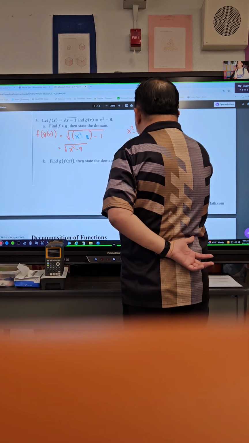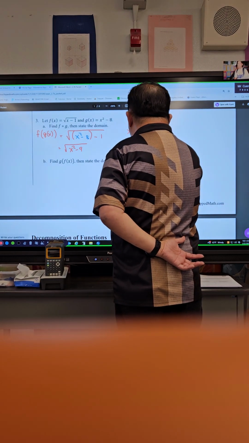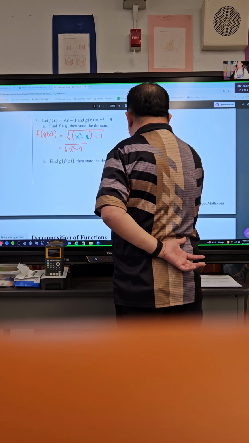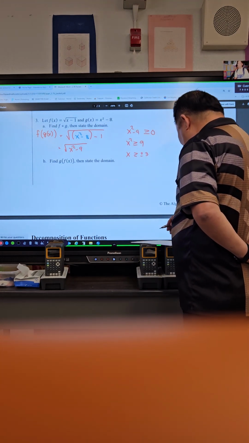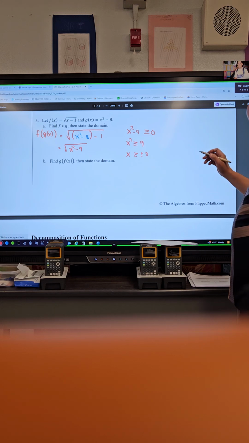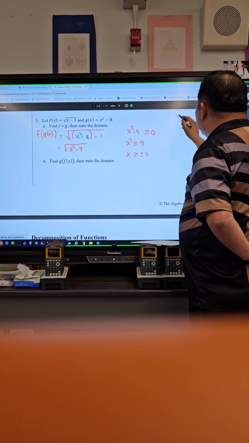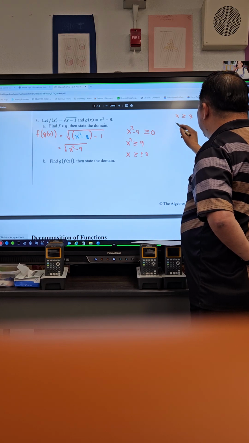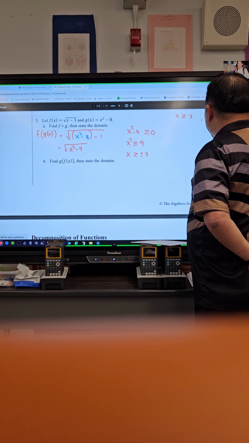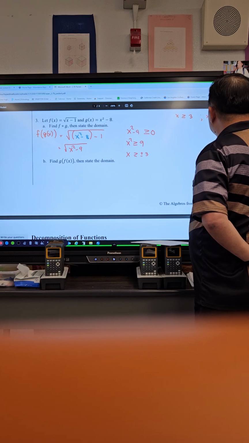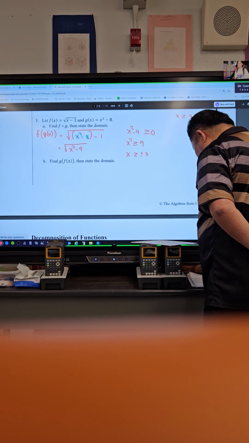So we're going to have greater than or equal to plus and minus 3, which implies that one of the values of x is greater than or equal to positive 3 and the other value of x is less than or equal to negative 3.